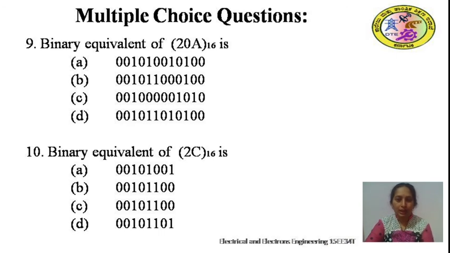The next thing is C. C is nothing but 12. 12 can be written as 8 plus 4, 8421 code, 1100. The correct answer for question number 10 is B. In this question, both options B and C are equal, so you can mark it as B or C. Anything is correct.